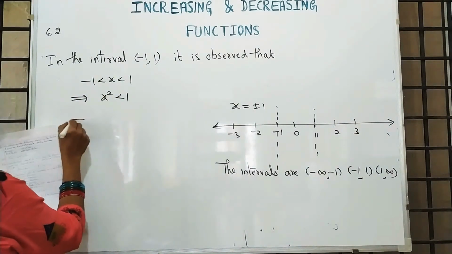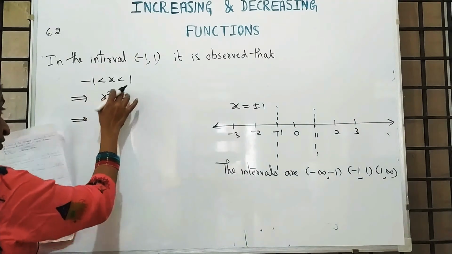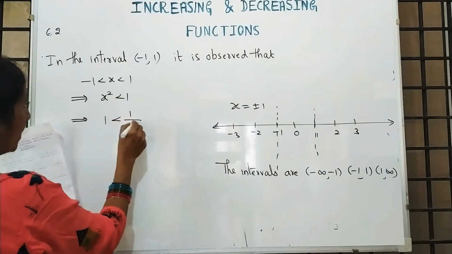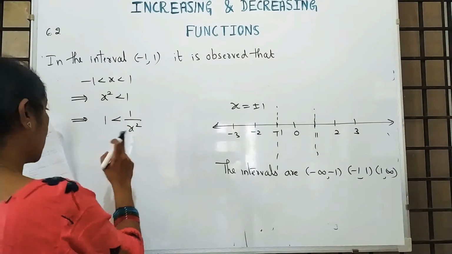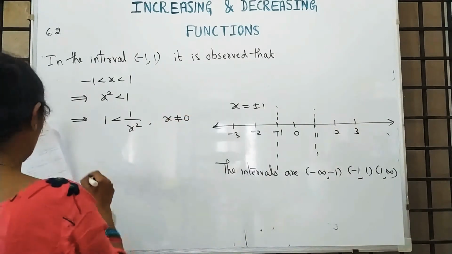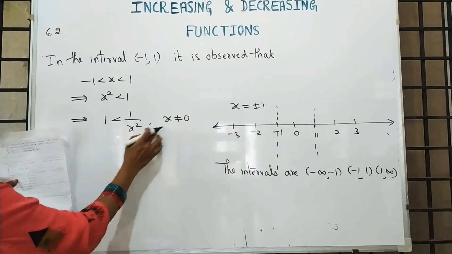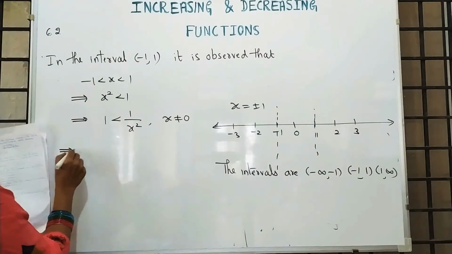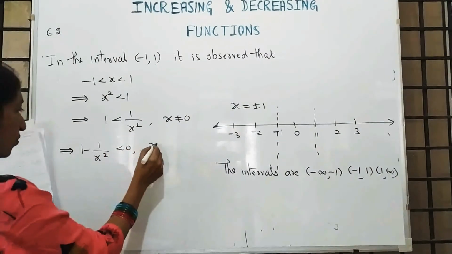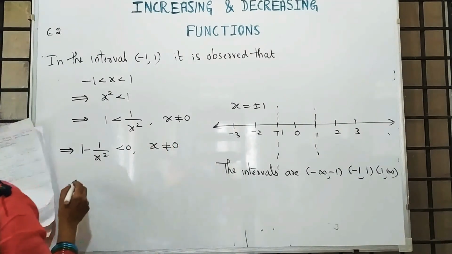If x square is less than 1, if you take a reciprocal, the sign will change. 1 is less than 1 by x square, or 1 by x square is greater than 1, taking a reciprocal, and x is not equal to 0. This is possible when x is not equal to 0. This implies 1 minus 1 by x square is less than 0, where x is not equal to 0.